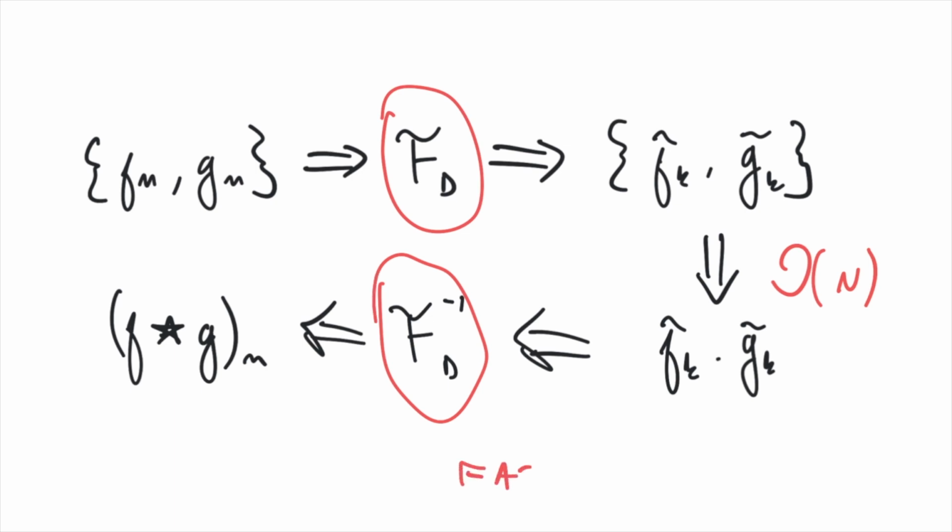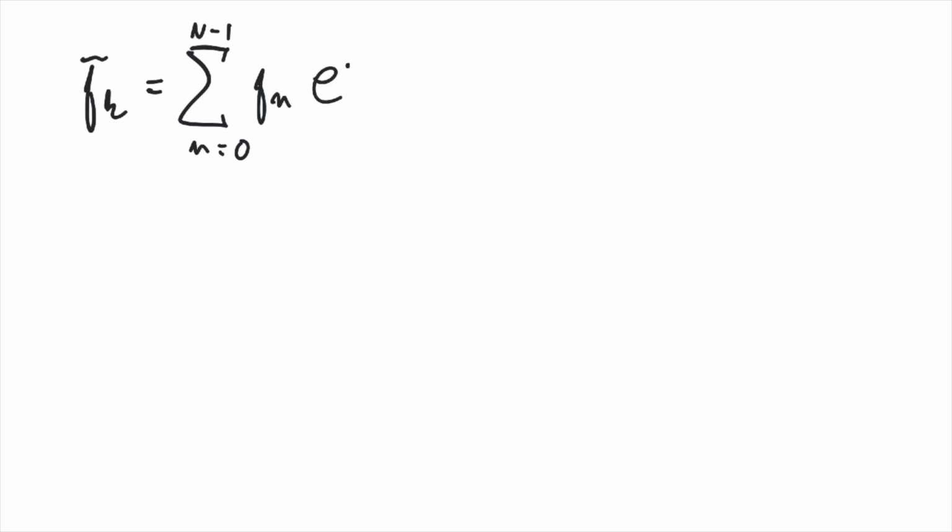We want to be faster than O(N squared). The key point to do this is to note that when you compute the transform, let me copy the definition here, the sum from n equals 0 to N minus 1 of f_n and the exponential factor over N, kn.